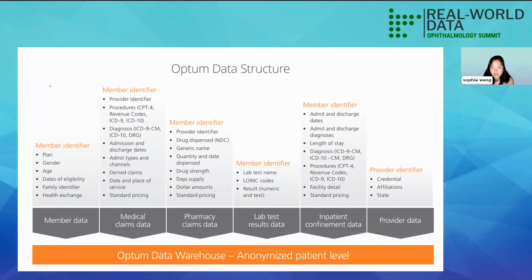The structure of the data is very typical to any large claims data set, so I'll use it as the prototypical example. Different data types are stored in different tables. You can see we have demographics and administrative data in one table, which is one row per patient, then diagnoses and encounters in separate tables, one row per encounter or one row per diagnosis, and similarly medications and pharmacy claims and lab orders in another table.